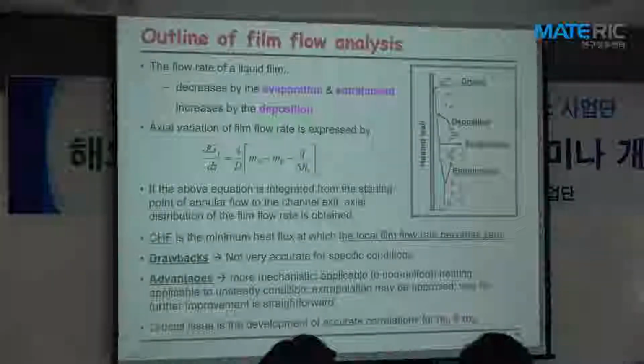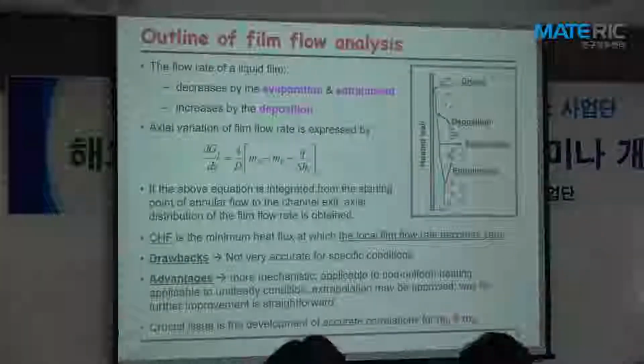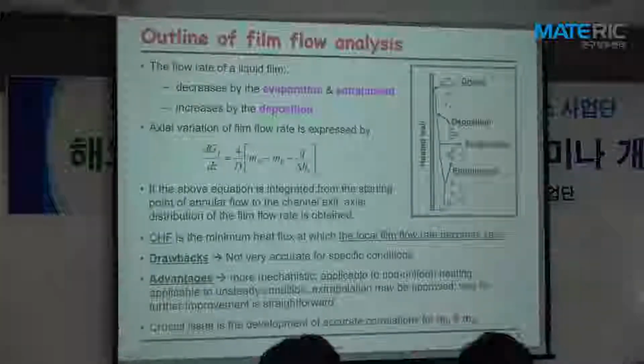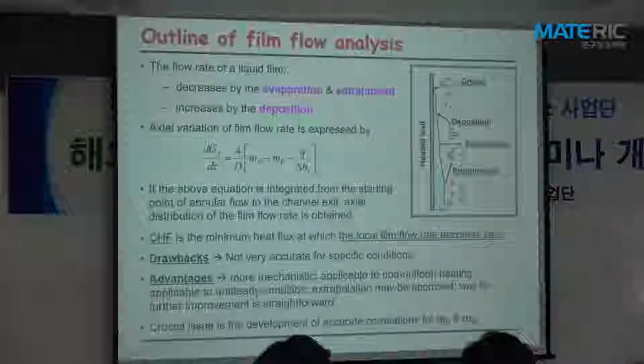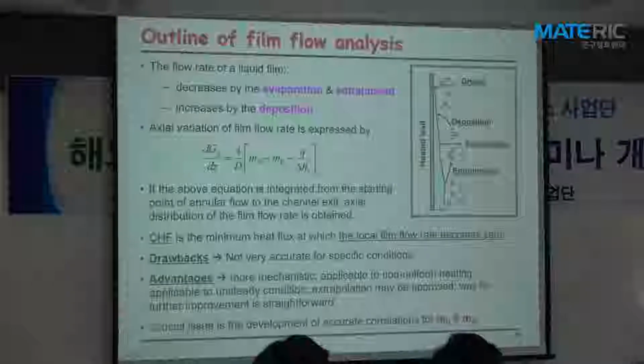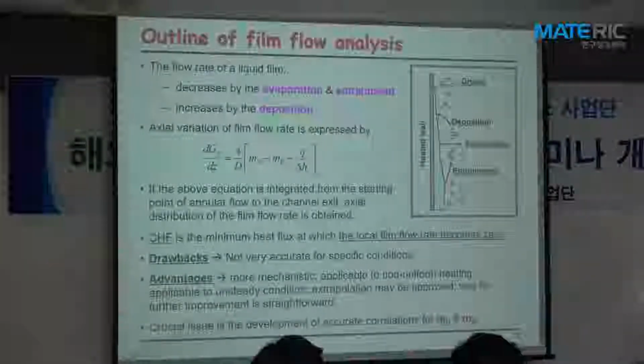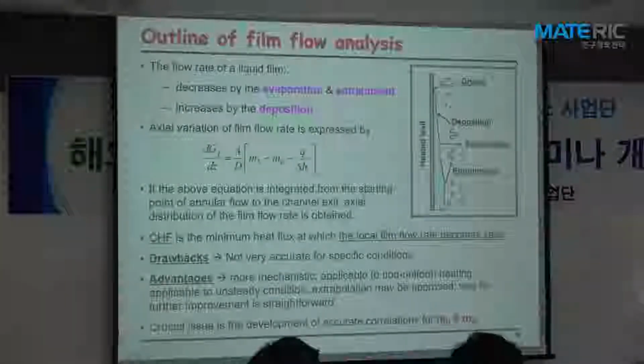If you compare, for example, the Kato model and the film flow model, in experimental conditions where many experimental data are available, the Kato model is more accurate. But with this kind of complicated model, in specific conditions, in my experience, it is not very accurate.